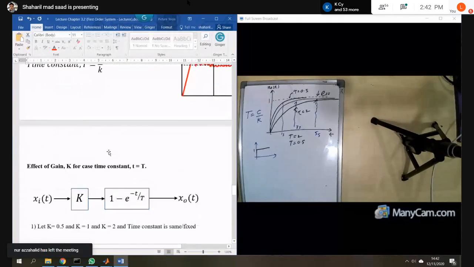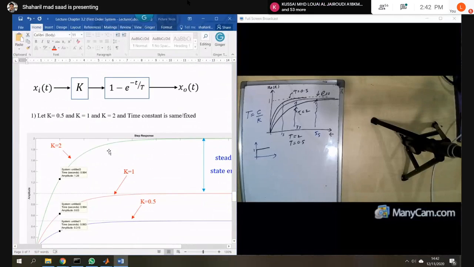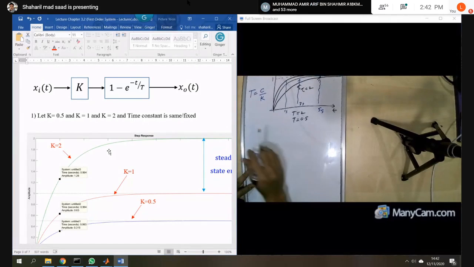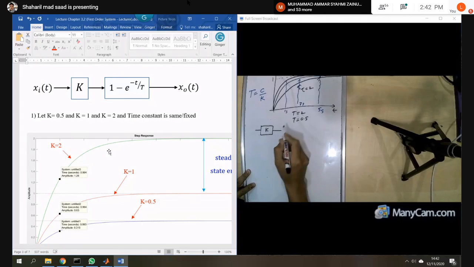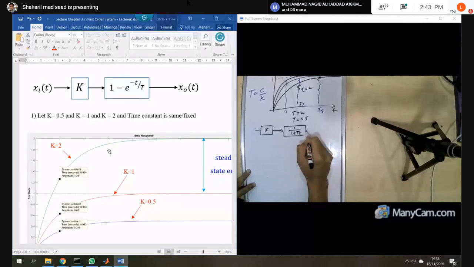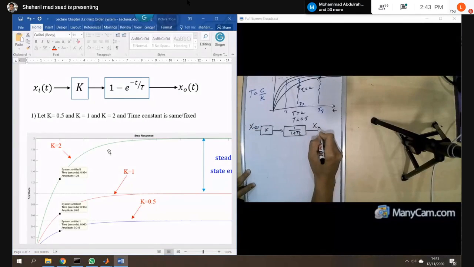And then there is the second variable, which we call k. So when you adjust the value of k, remember the equation. You have k, and then you have 1 over 1 plus ts. This one in terms of Laplace is the input s, and this one is x naught s.